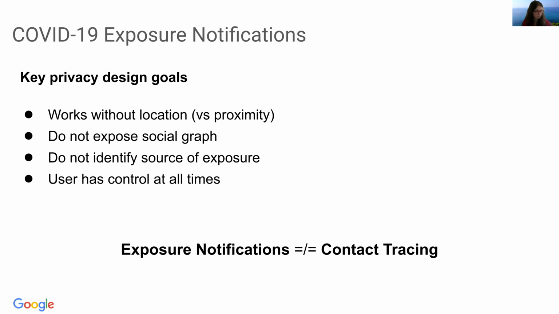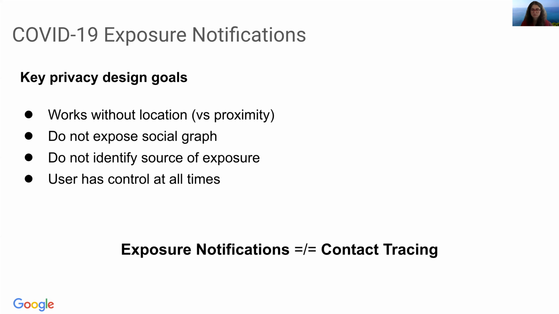And we've obviously tried to reduce the risk of leakage of either of those, but if we're faced with any kind of trade-off, one of the guiding insights that we've used through this process is that social graph is more sensitive and more privacy risky than infection status data.